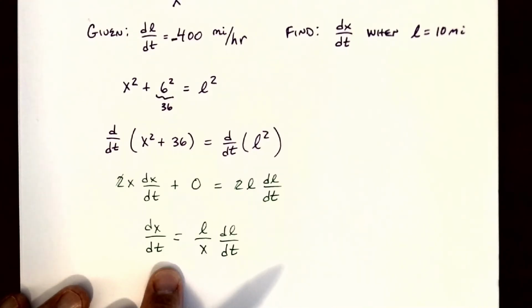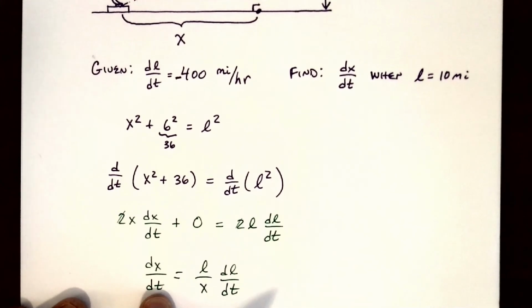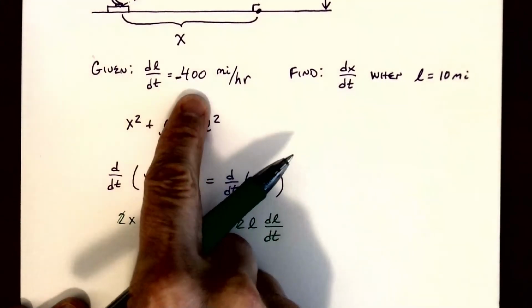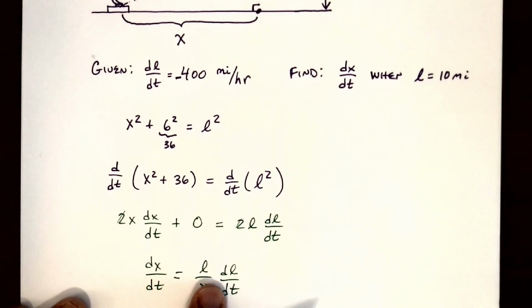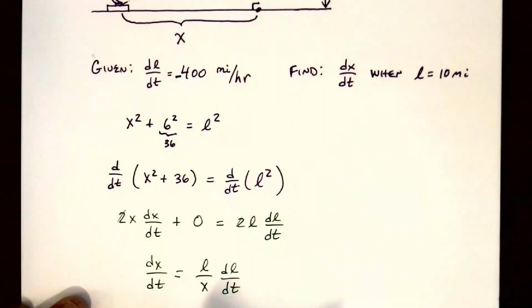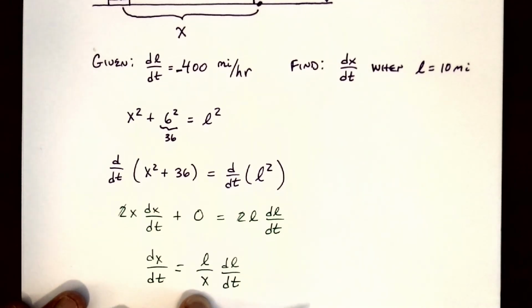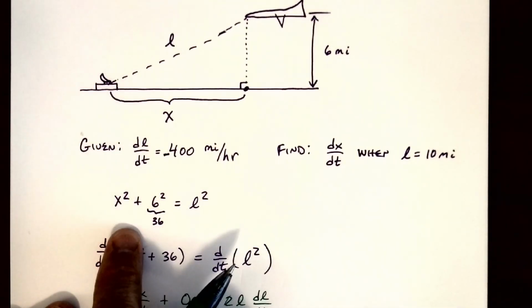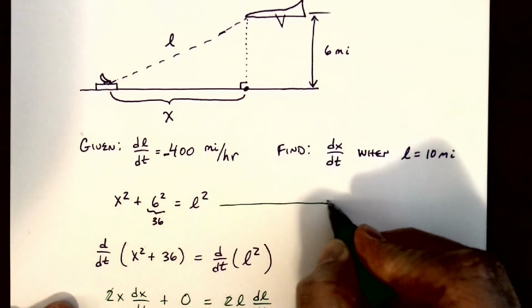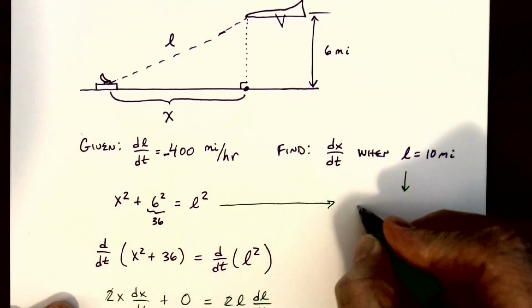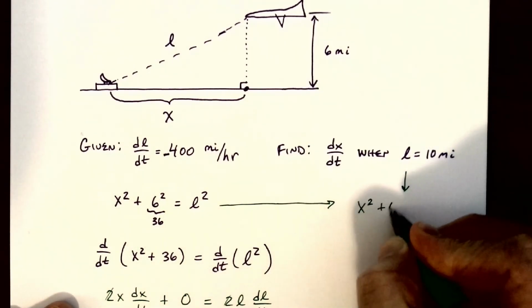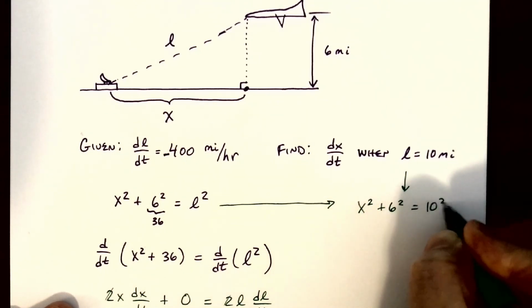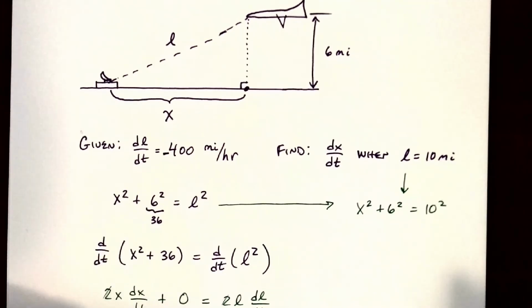So how can I find out what dx dt is? I need to know what dl dt is. I know what that is. That's given. I need to know what L is. I know what L is. That's 10 miles. And I need to know what x is. Uh-oh, how do I find x? Well, at the instant L is 10, I know this relationship holds. And so when L is 10, I've got this equation, and I can solve for x.